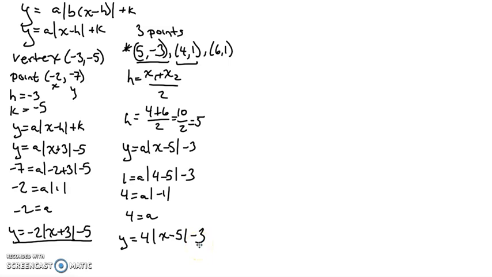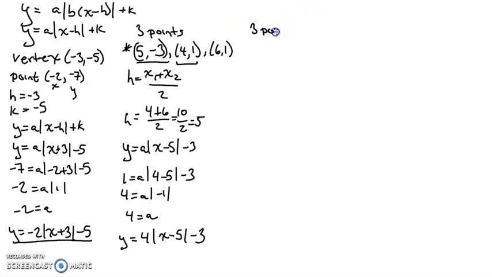The last case that I want to look at is a little bit more complicated. Let's look at the case where we're given 3 points, none of which is the vertex, and none of which share a common y value. So here we go.